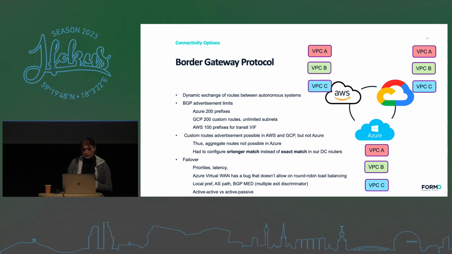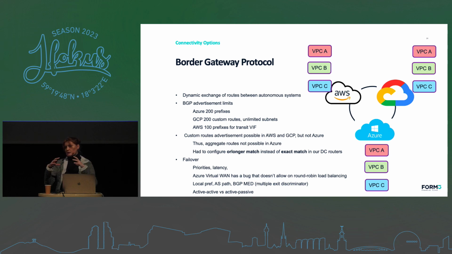Again, we had quite a few problems with Azure because it supports only 200 prefixes, no matter where the prefix comes from. In GCP, it's also 200, but you have unlimited subnets. With AWS, it's only 100, but that's a limit for transit gateway. Plus, you can configure aggregate routes.